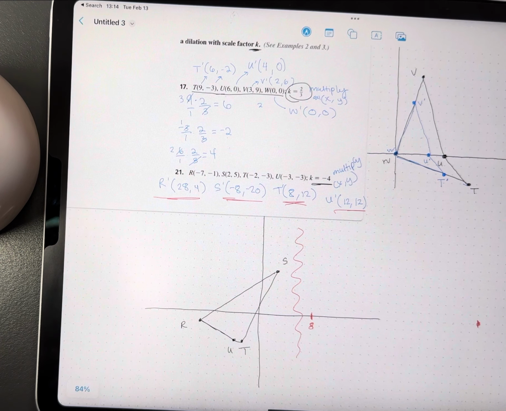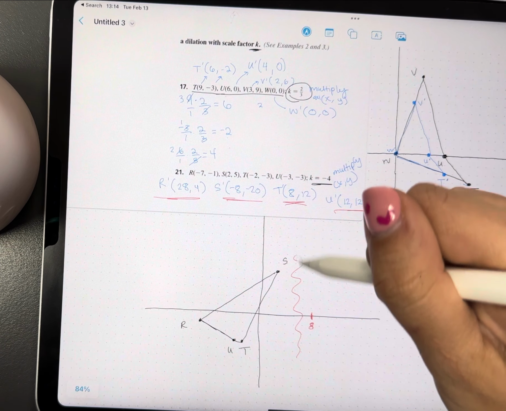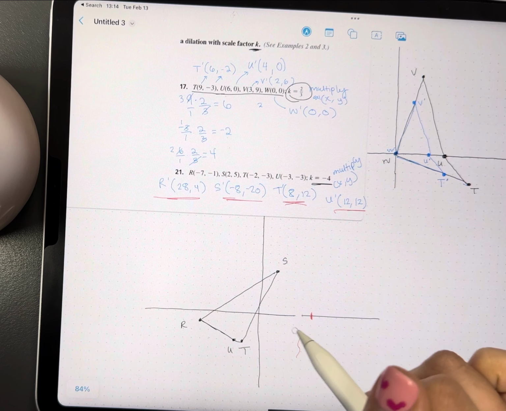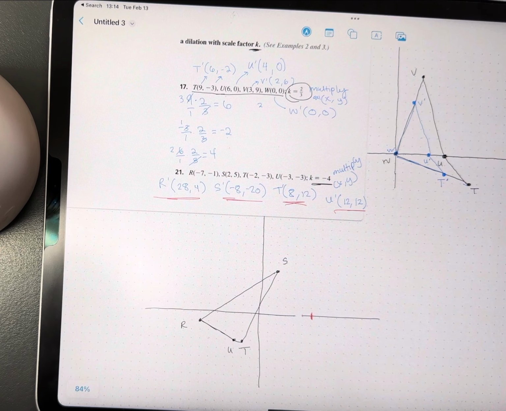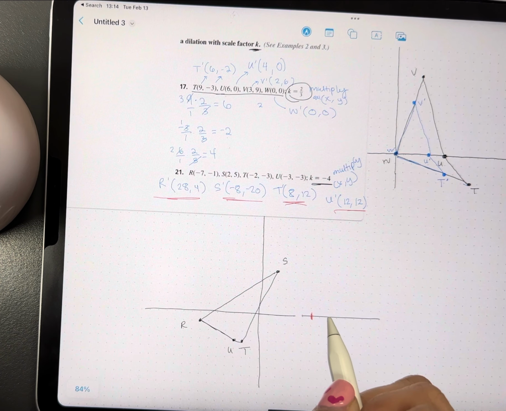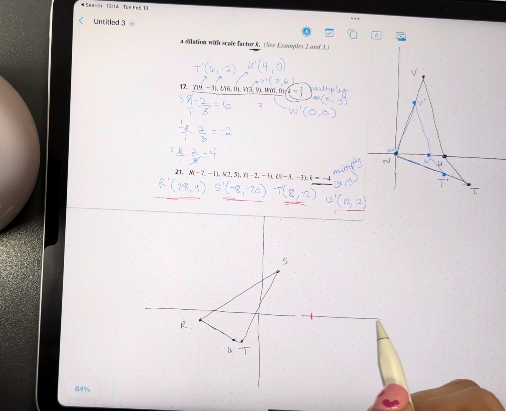So reevaluating, constantly reevaluating. I think what I'll do is we'll just graph it the normal way. So 28, 4. 1, 2, 3, 4, 5, 6, 7, 8, 9, 10, 11, 12, 13, 14, 15, 16, 17, 18, 19, 20, 21, 22, 23, 24, 25, 26, 27, 28.